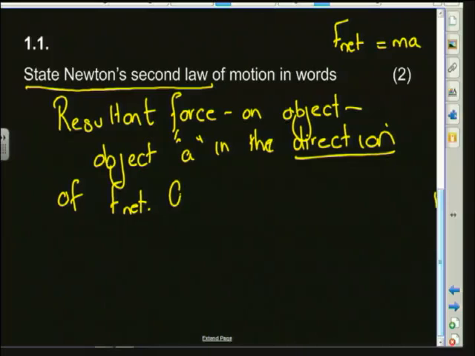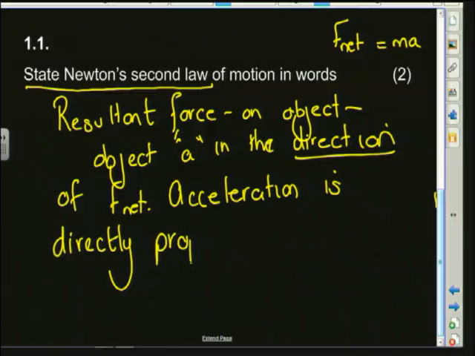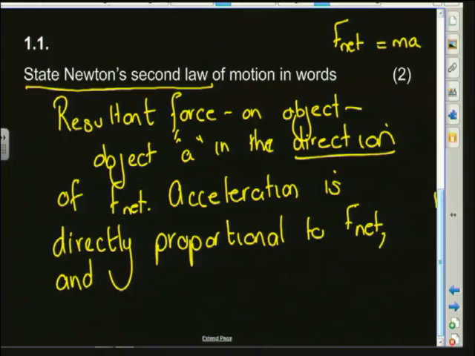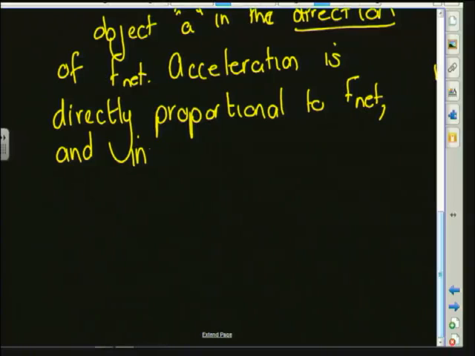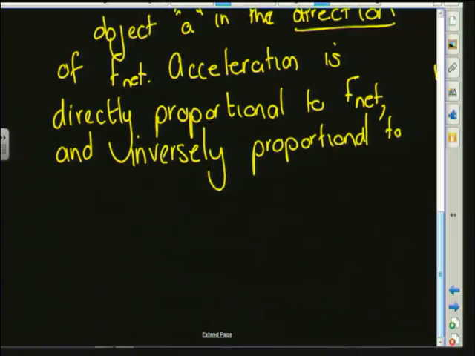So now what we say is that that acceleration, okay, is, now watch, directly proportional to the resultant force. In other words, the bigger the force, the bigger the acceleration, okay, and now watch, inversely proportional to the mass, okay?